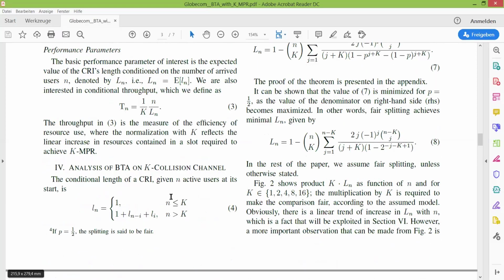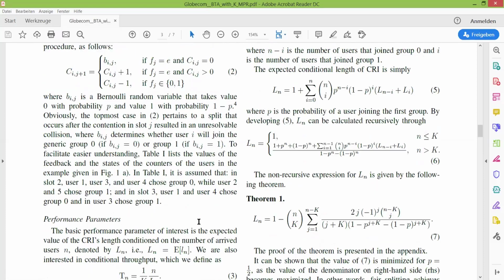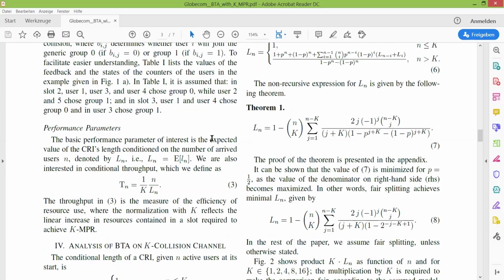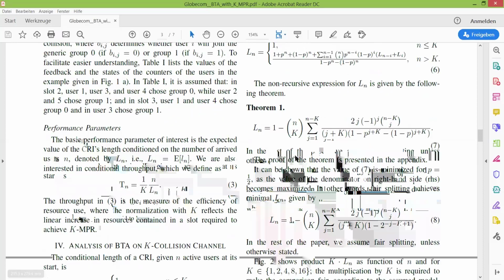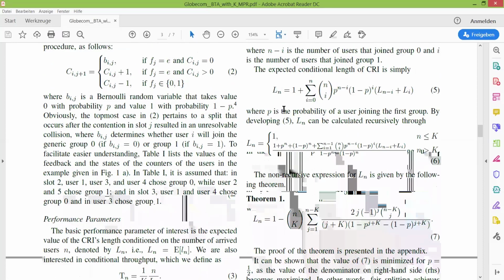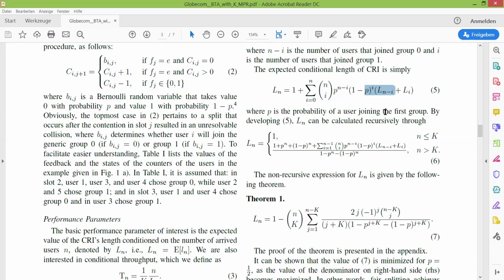We can take the expectation of this random variable. And to take the expectation, we will say, okay, the expected tree length is 1 slot that we have for the collision itself, and then the probability to have n minus i users and the probability to have Li users.